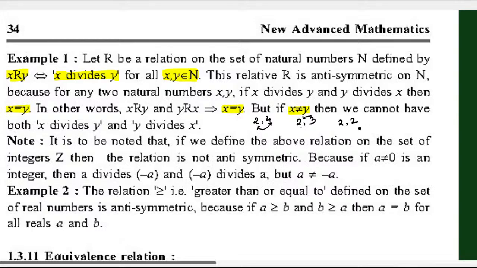Why? Because here x and y are equal. So such type of relation is your anti-symmetric. So note, it is given. It is to be noted that if we define the above relation on the set of integers Z, then the relation is not anti-symmetric.